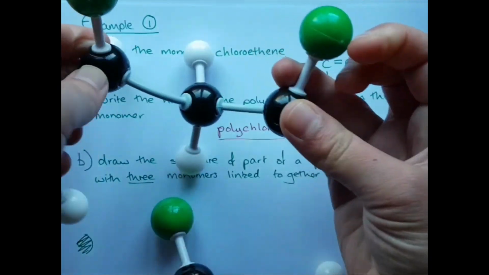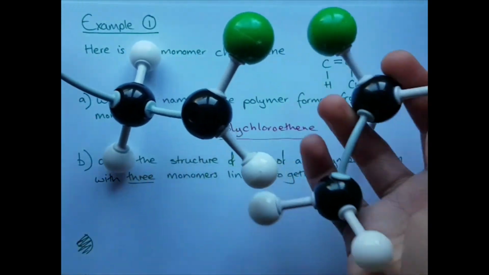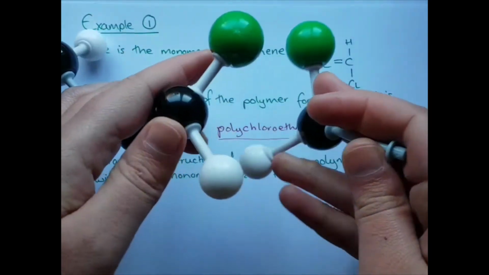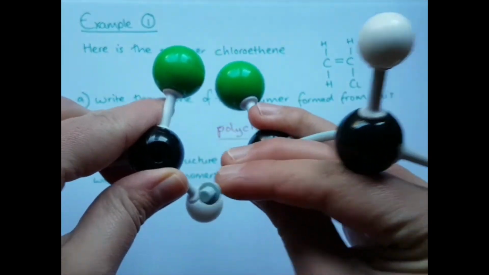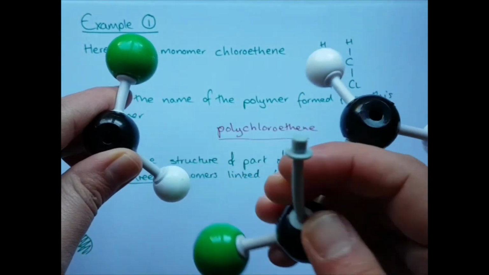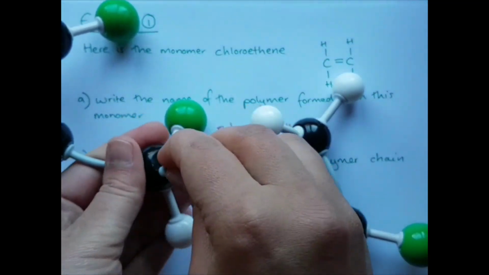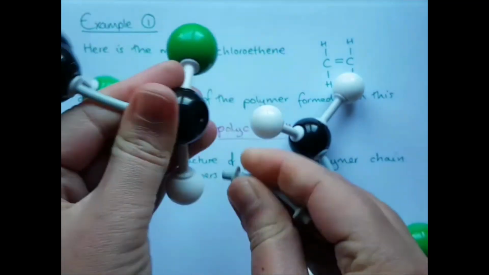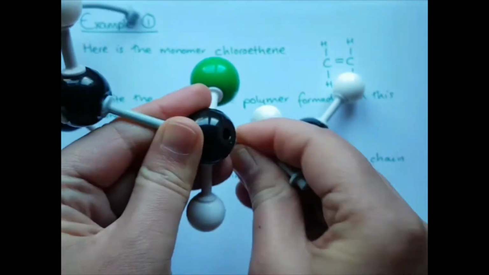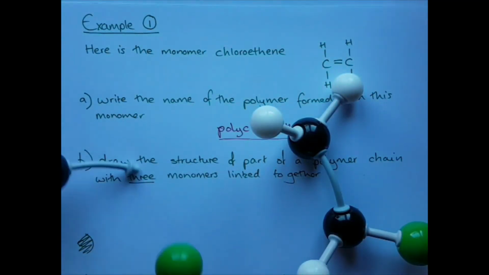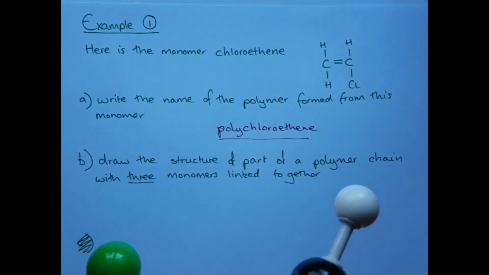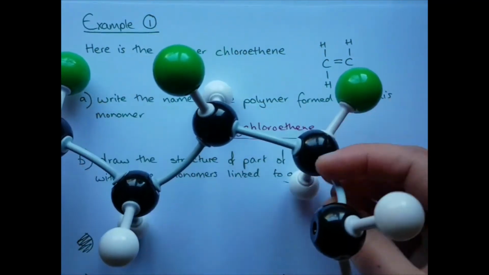So we're just going to connect these up. And again, I could connect it up so that the chlorine atoms were head to head, but just to keep things simple, I'm going to connect it up the other way. Okay, so there is our polymer chain.